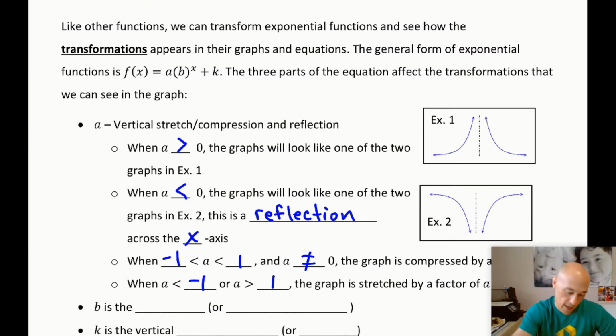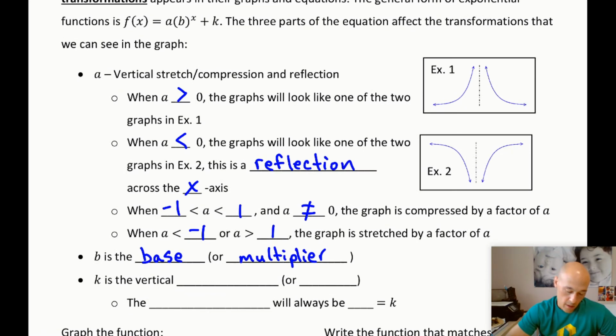All right, now we're looking at b. b is the base or multiplier. Now k. k is the vertical translation or shift.